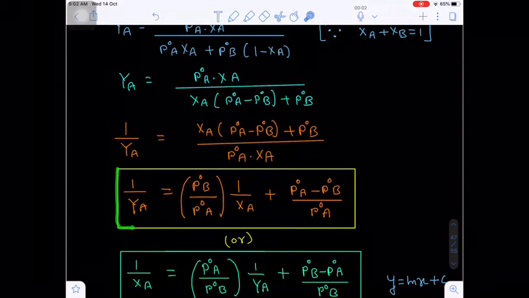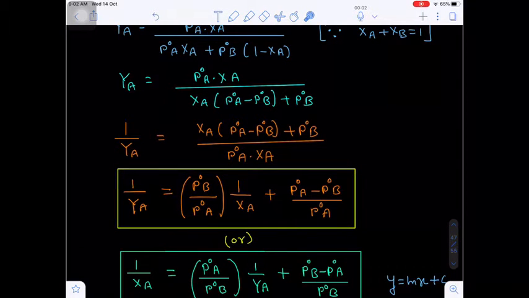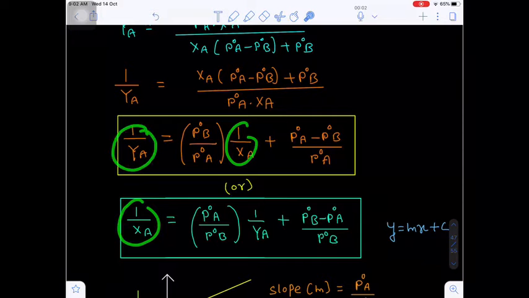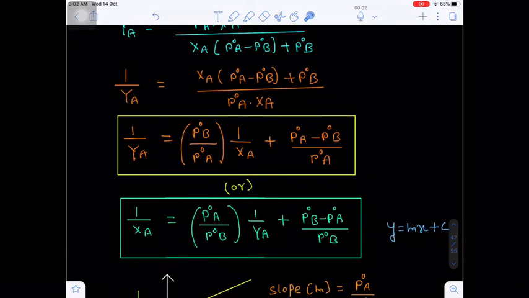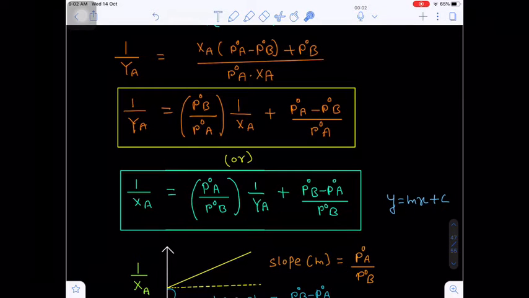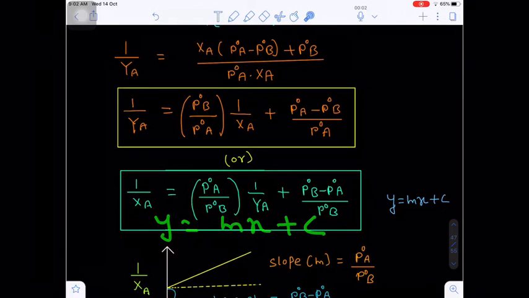Okay, after simplification you will get 1 by Ya will be equal to P naught B upon P naught A into 1 upon Xa plus P naught A minus P naught B divided by P naught A. Otherwise bring the 1 by Xa to here and 1 by Ya to the right hand side. So you will get 1 by Xa will be equal to P naught A by P naught B into 1 by Ya plus P naught B minus P naught A by P naught B. If you see, this is in the form of y equal to mx plus c.